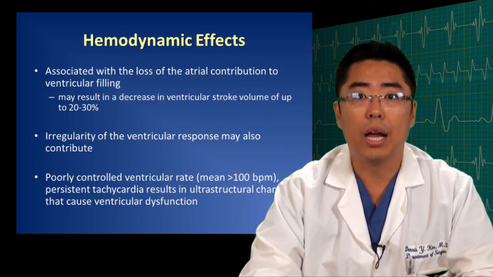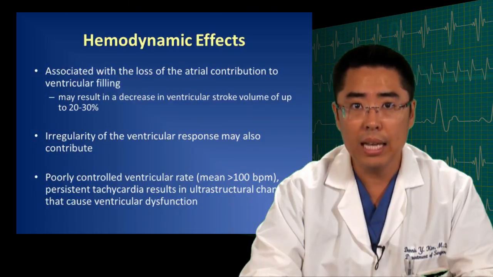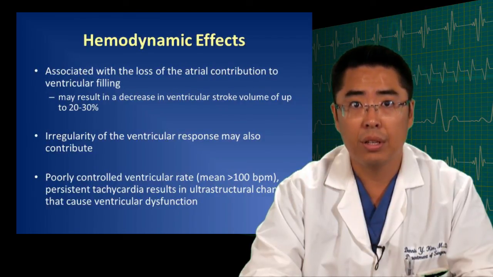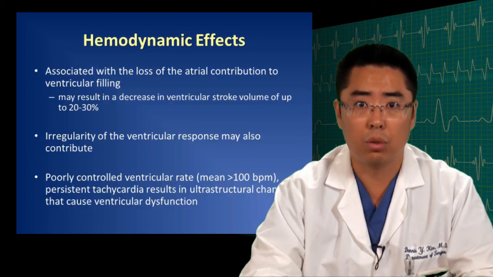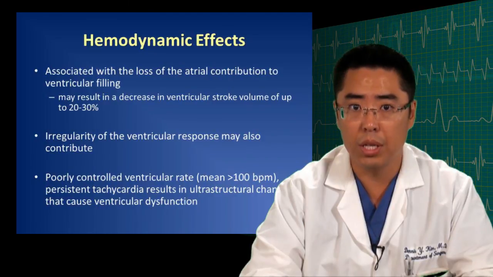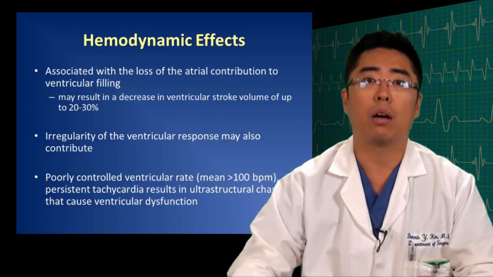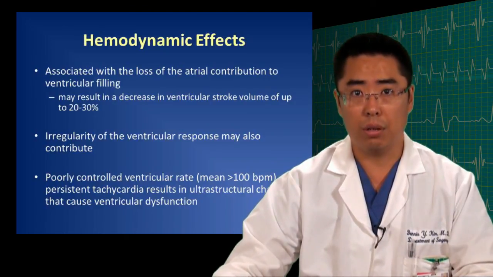Likewise, the irregularity of the ventricular response may also have an important role, as uncontrolled atrial fibrillation may result in increased mitral regurgitation, tachycardia, and the so-called tachycardia-induced cardiomyopathy. Poorly controlled ventricular rate with a mean greater than 100 beats per minute may result in ultrastructural changes that cause the underlying ventricular dysfunction.